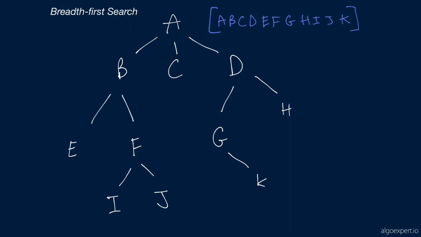And so the way breadth-first search works, basically, is that we want to traverse the graph level by level. What I mean by that is we start at the top level, the root level, which is just the node A. Then we go to the first level and we traverse it entirely, B, C, and D. Then we go to the third level and we traverse it entirely, so E, F, G, and H. And then finally we go to the fourth level and we traverse it entirely, I, J, and K. This is opposed to depth-first search, where we would traverse kind of branch by branch.